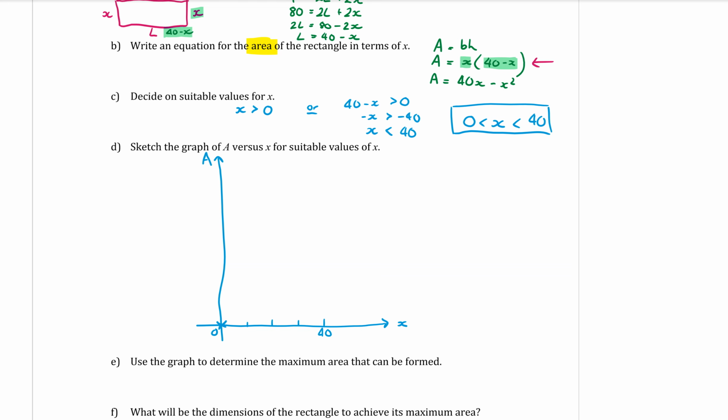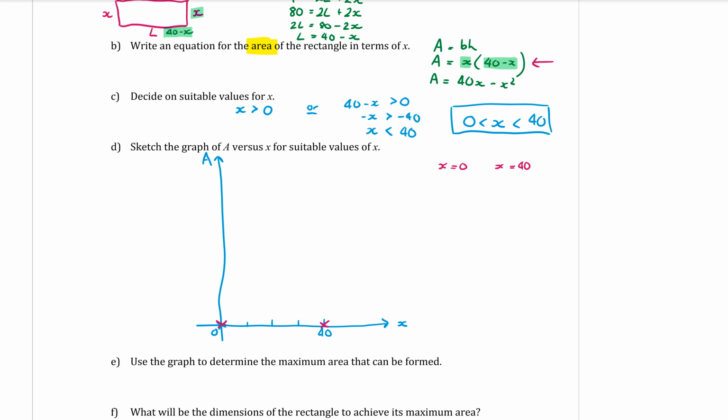That's telling me if I use the null factor that x is equal to 0 and x is equal to 40. They are my x-intercepts down here, x equals 0 and x equals 40. Then I need to find, well, normally I'd want to find my y-intercept, but I've actually already found it here. It's already at 0.